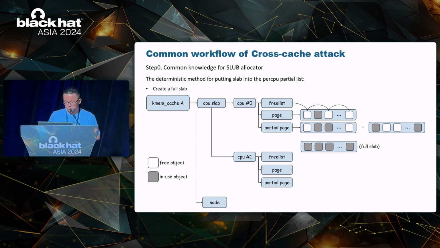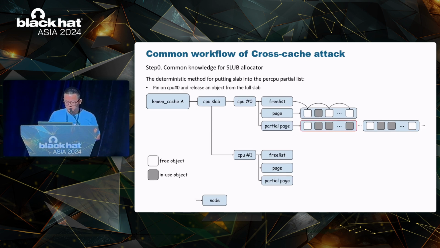The first step is to create a full slab, and then pin the task on target CPU, for example, CPU 0. After that, by releasing any object on this full slab, we can put this slab into the partial list of CPU 0. This method is really useful for increasing the length of partial list.